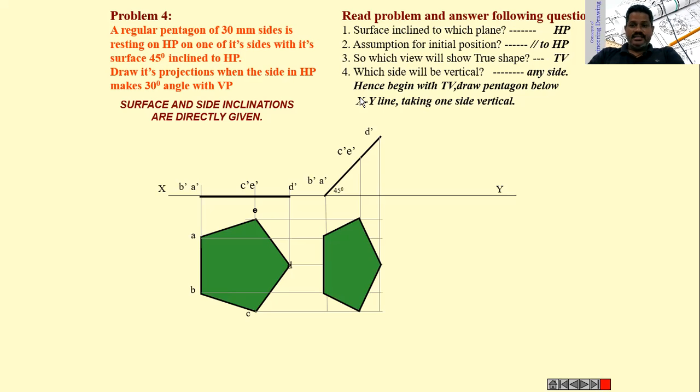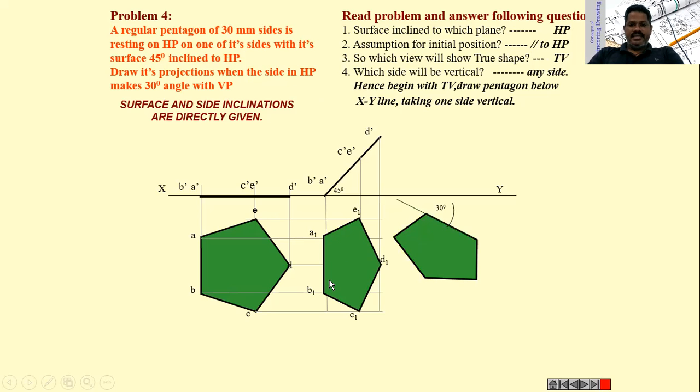Then the other condition in this problem is that one of the sides of this pentagon makes an angle of 30 degrees with VP. Draw an inclined line below the XY line at an angle of 30 degrees, like this.